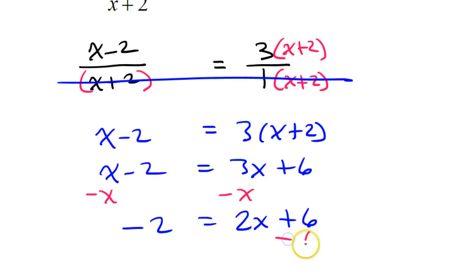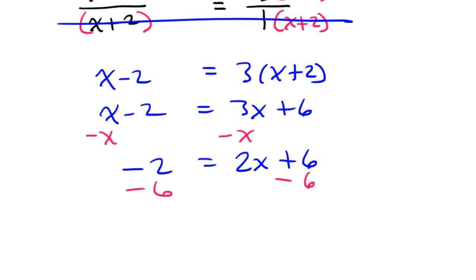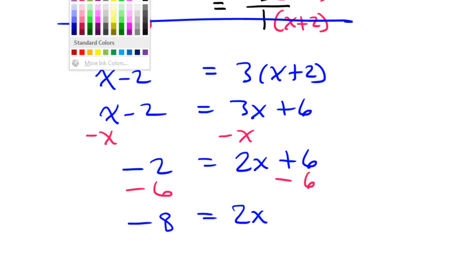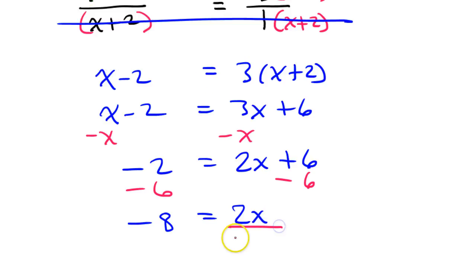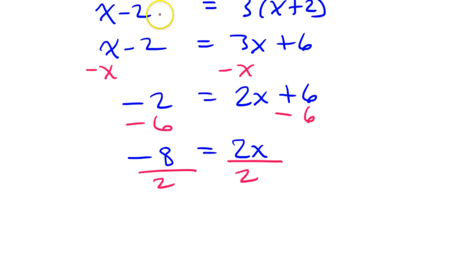And now I'm going to subtract 6 from both sides. Alright, so I'm going to end up with a negative anyway. So I have negative 8 is equal to 2x. And then I'll divide both sides by 2. So that's going to give me negative 4 is equal to x.